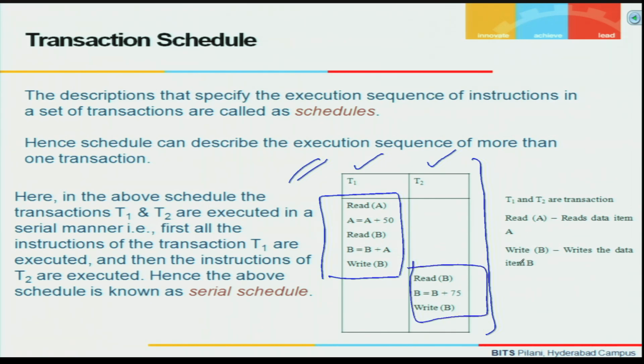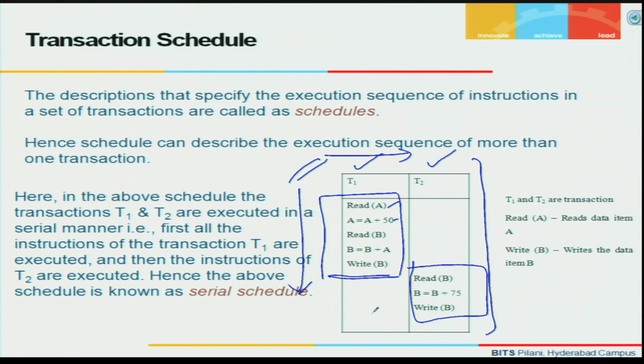Now this schedule clearly tells us, with transactions on the x axis and the timeline on the y axis, what instructions from which transactions are executed in what order. In this specific example, all the instructions, that is instructions 1, 2, 3, 4, 5 of transaction T1, are executed first.